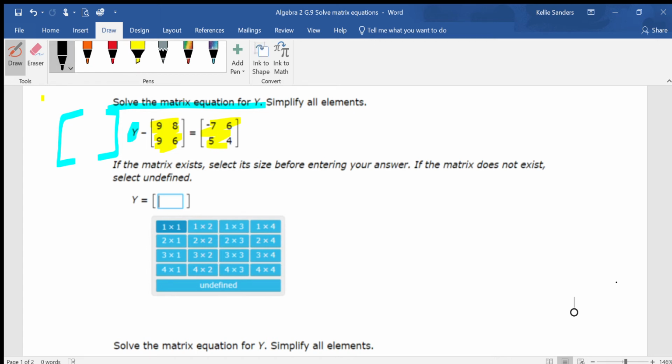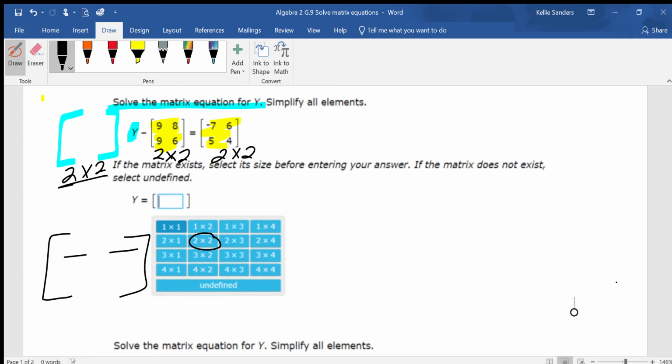So if this is a 2 by 2 and our answer we got a 2 by 2, what would be the size of the original one? A 2 by 2. So you'd press 2 by 2, and I'm actually going to write the answer here because I'm going to need all of this space to be able to do the problem. Okay, I'm going to erase.